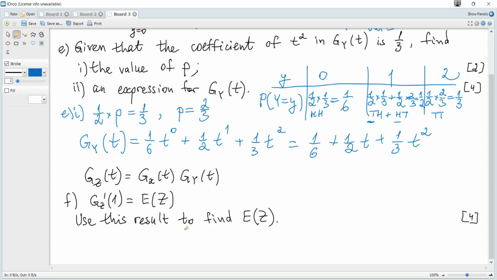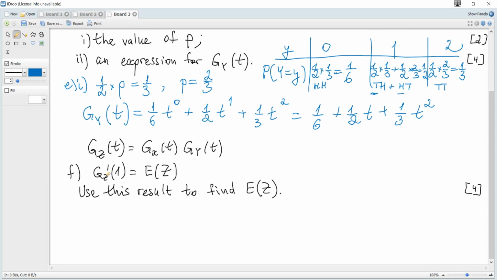Question F. For random variable z, it can be shown that the derivative of gz of 1 is equal to the expected value of z. Use this result to find the expected value of z. So we just need to consider the derivative of gz, which is equal to this product, and we need to find the derivative of gz at 1.